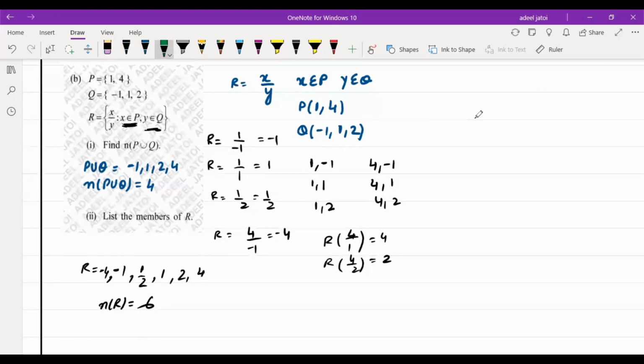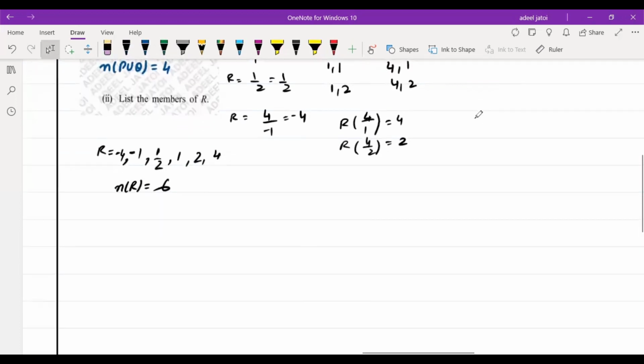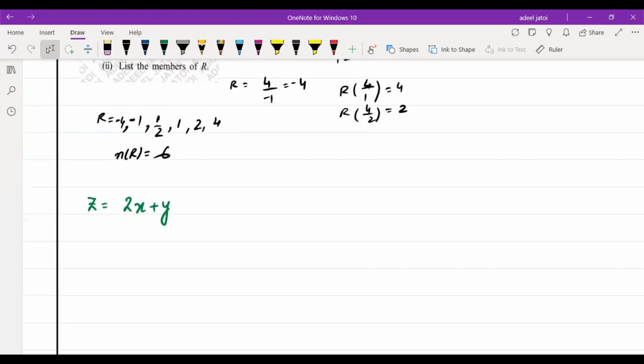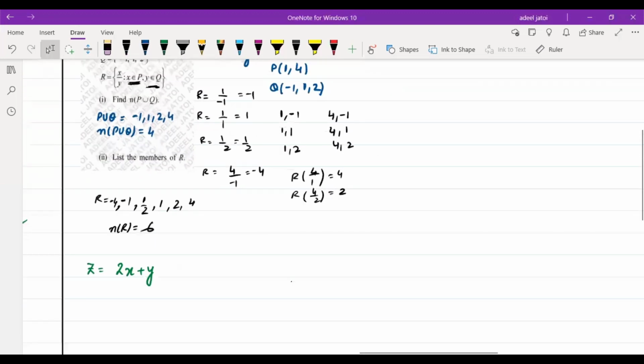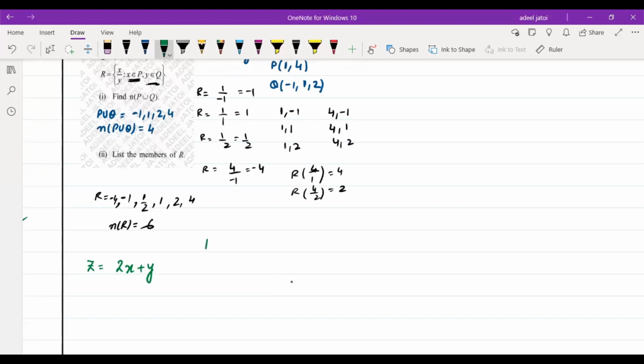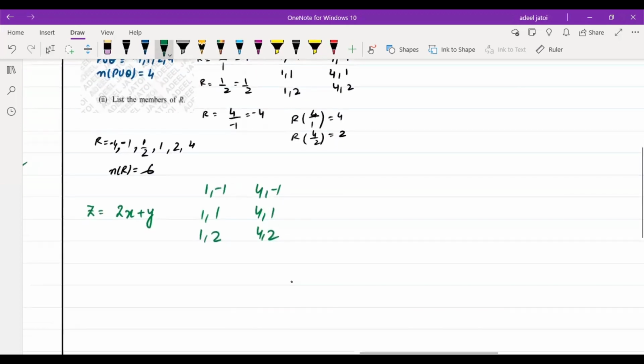Similarly, another type of example that can be tested in the past papers can be, let's say, that you need to find out z, and z could have been 2x plus y. If z is 2x plus y, then all the 6 coordinates that we took out, what were those? (1, -1), (1, 1), (1, 2), (4, -1), (4, 1), (4, 2). Each coordinate will be substituted to find out the value of z.